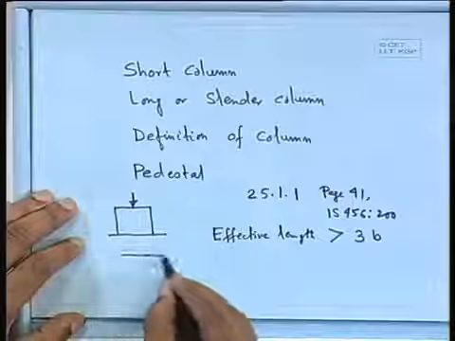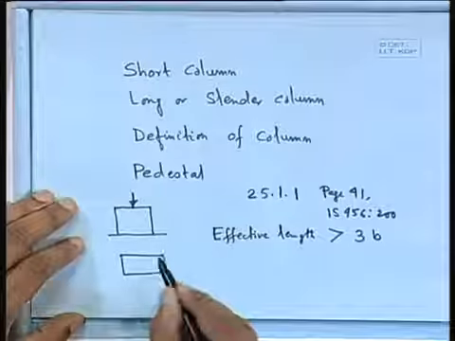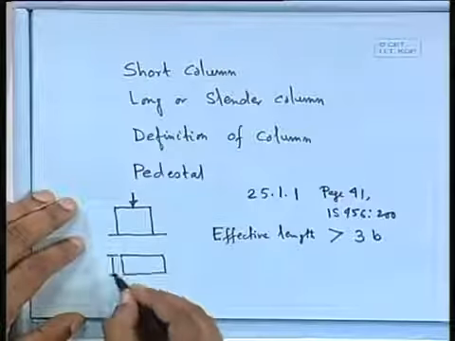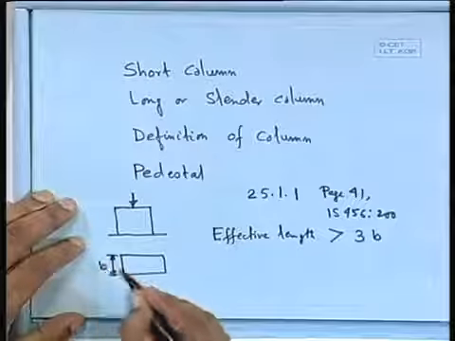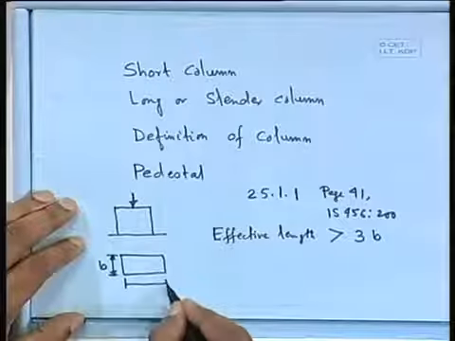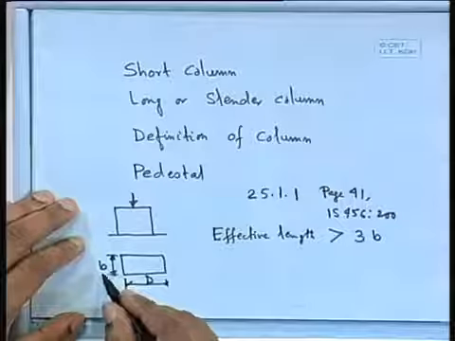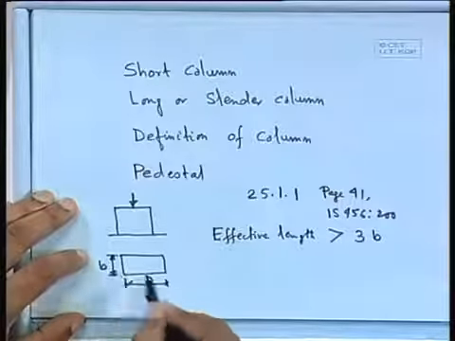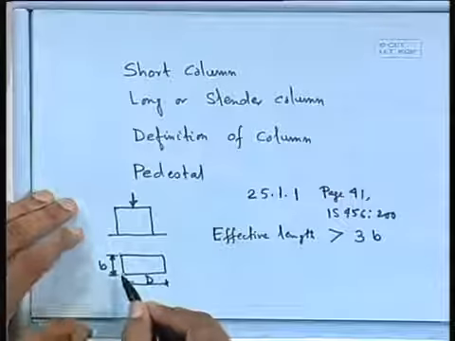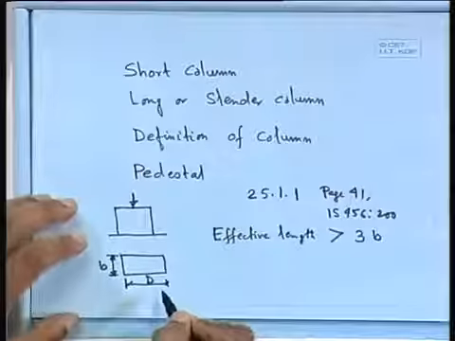That means if it is a rectangular one, generally we provide this one say your B and the other one say your D, depth, this is width. Generally the width is always smaller compared to the depth.